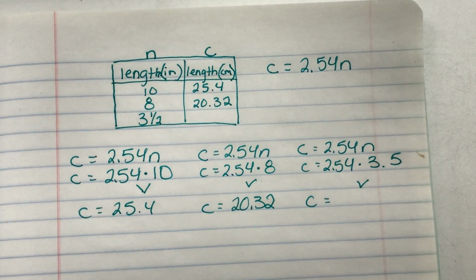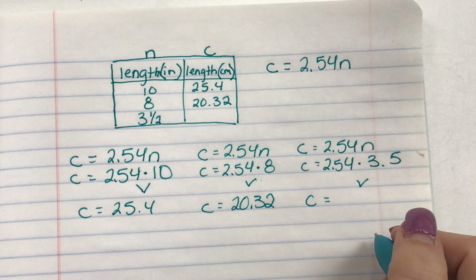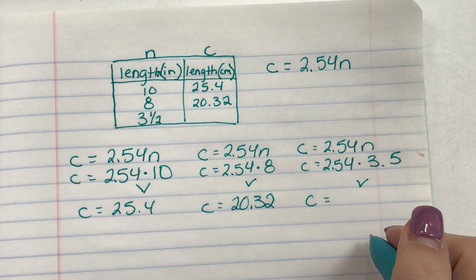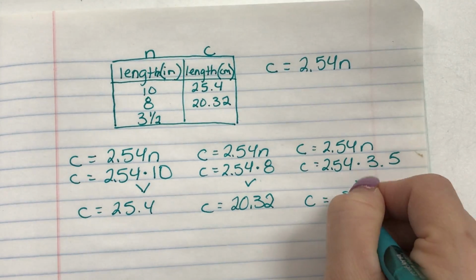Put it right there. Now, we gotta do this one. Plug it in. And what do we get for the last one? 8.3? 8.89? We all agree at 8.89? Good.